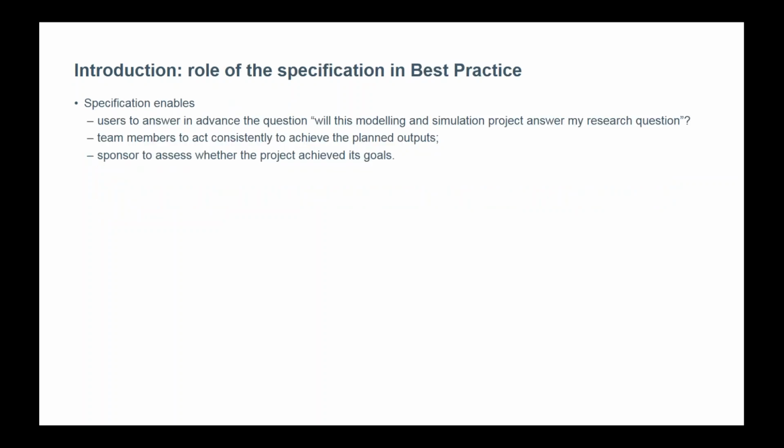In the course of developing the best practice, it was noted that not everyone really felt that our concentration on the specification made sense. So we've included a justification of why we think a specification is central to best practice. And our thesis is that it really helps at all stages of a project.